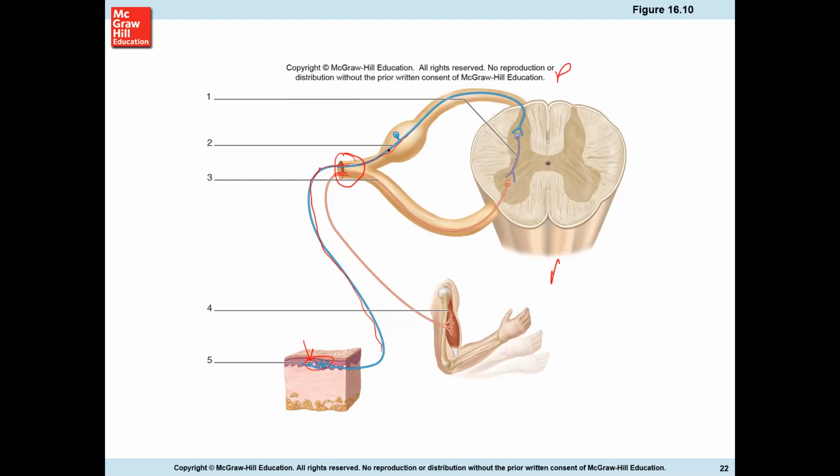So all sensory information comes in dorsally, posterior. Sensory, blue. Here's the cell body of a unipolar sensory neuron. And a group of cell bodies in the peripheral nervous system is called a ganglion. So this bulbous part right here is called the dorsal root ganglion.